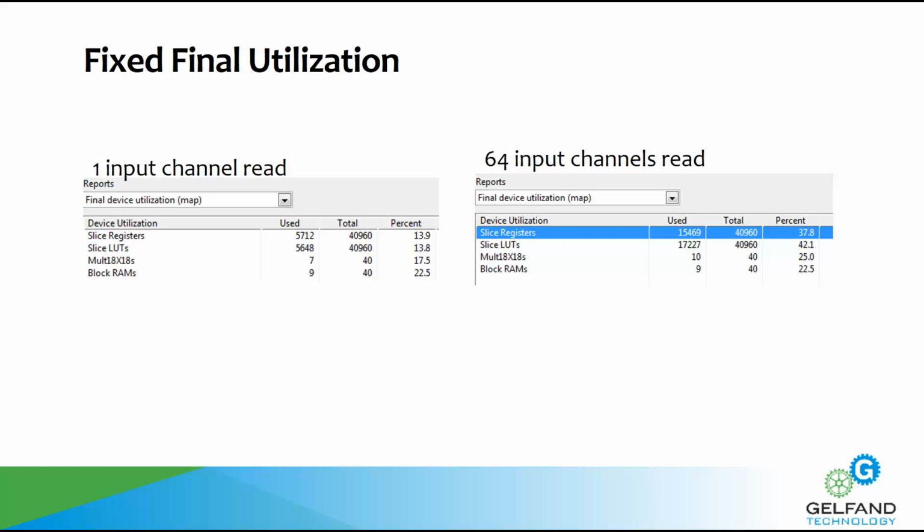So adding all the extra I/O module reads does affect my utilization, which I expect it to, but in terms of trying to figure out how well this state machine can work in the space allocated, I have the numbers both ways, and we saw that I could get it to grow to 64 channels with very little effort after I had started using memory instead of data arrays and shift registers.